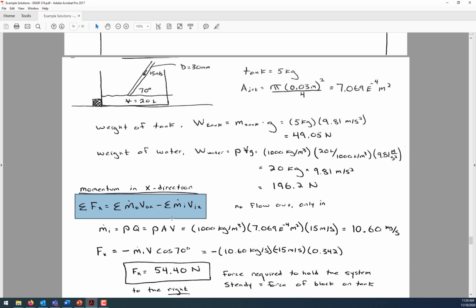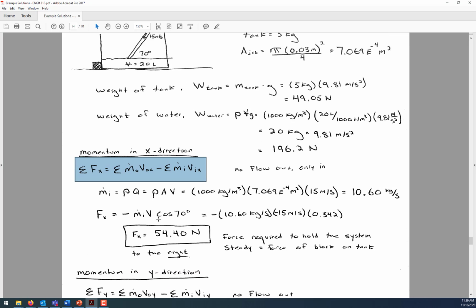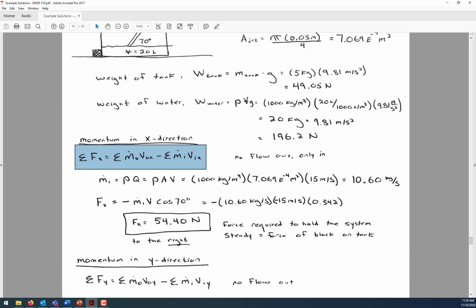But there is no mass flow rate out, so we cancel that entire first term. If there is no flow out, then it's just going to be the mass flow rate in, which is the same 10.6 kilograms per second. The difference being that now for the velocity in, it's not the cosine of 70, but the sine of 70.